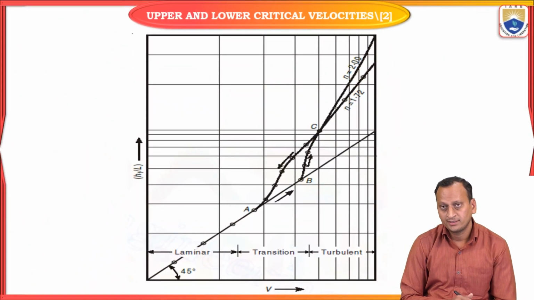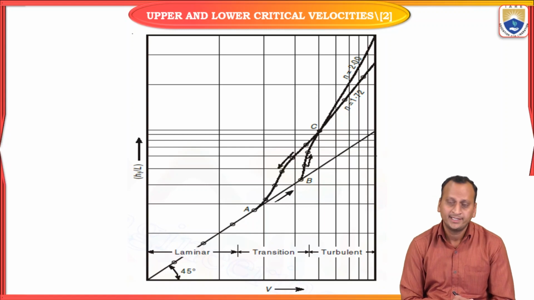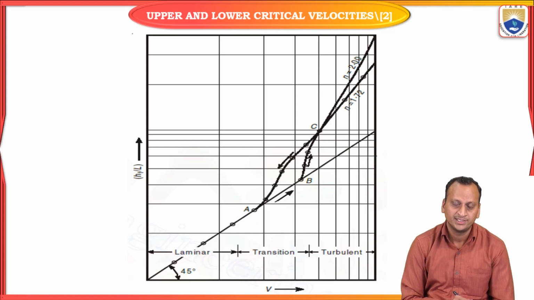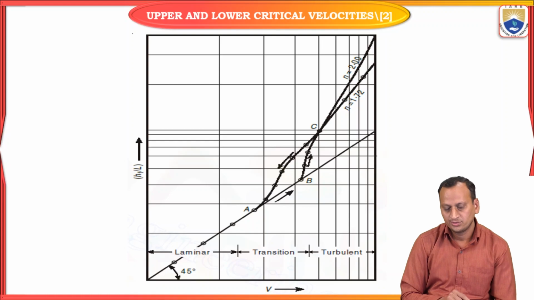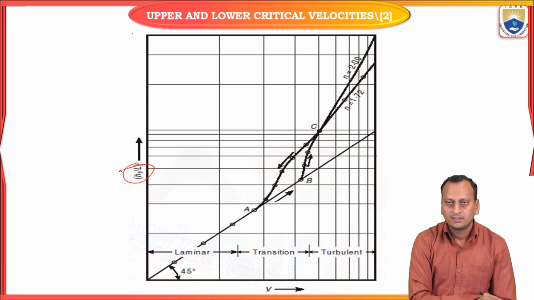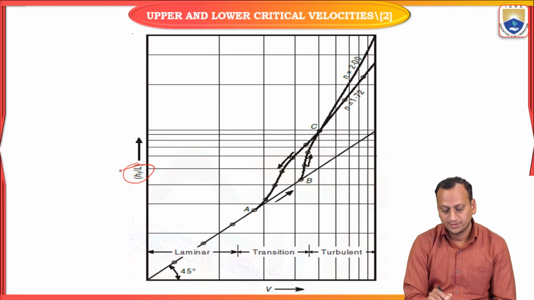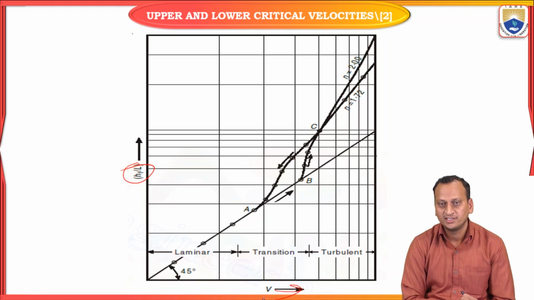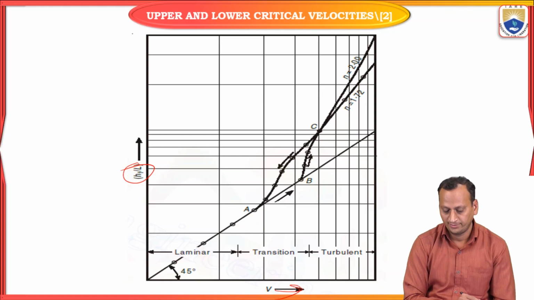And from this graph, we can identify the upper critical velocity and lower critical velocity. This graph is plotted between HF by L, the loss of head due to friction over a length, against the velocity of a fluid through a pipe.